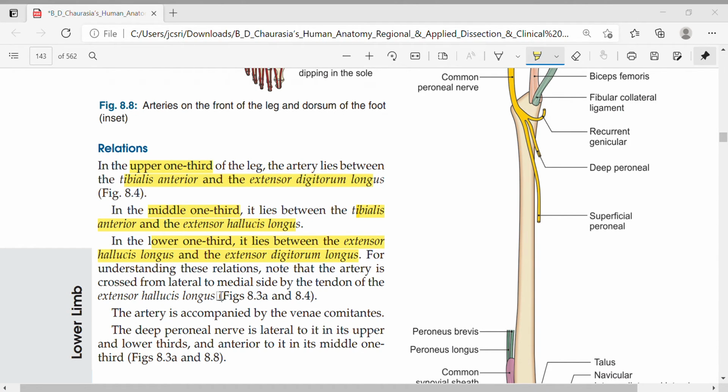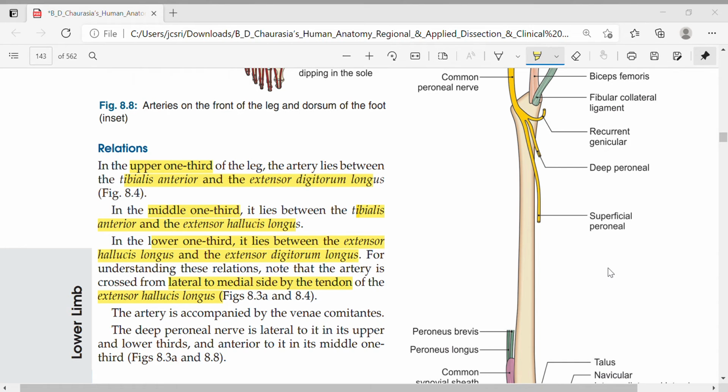So understanding the relationship, you can see that from the lateral to the medial side, the extensor hallucis longus is going to cross the artery. This is the important relation. Upper, you have tibialis anterior and extensor digitorum longus.